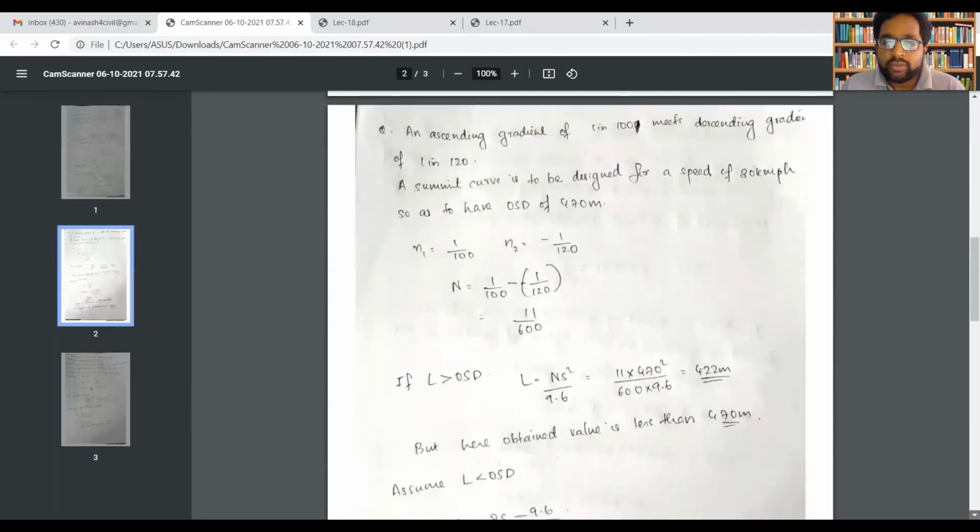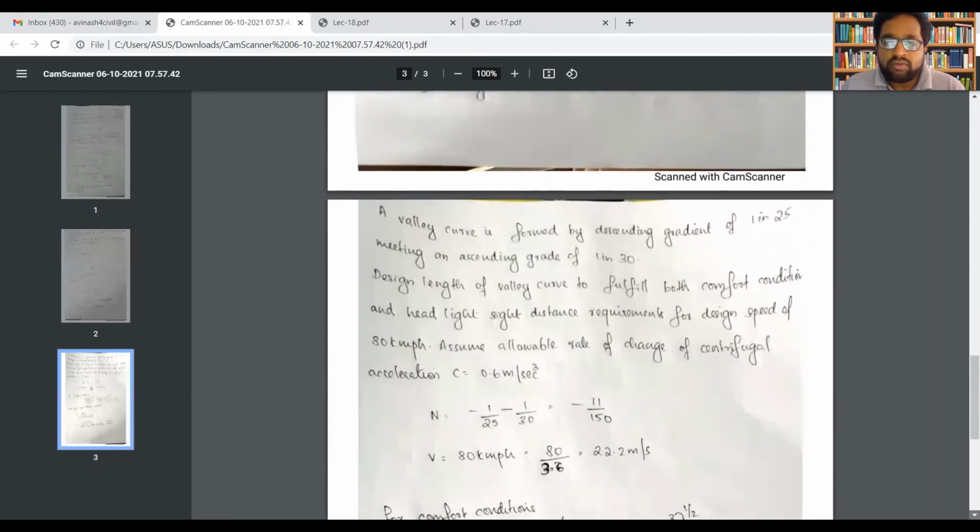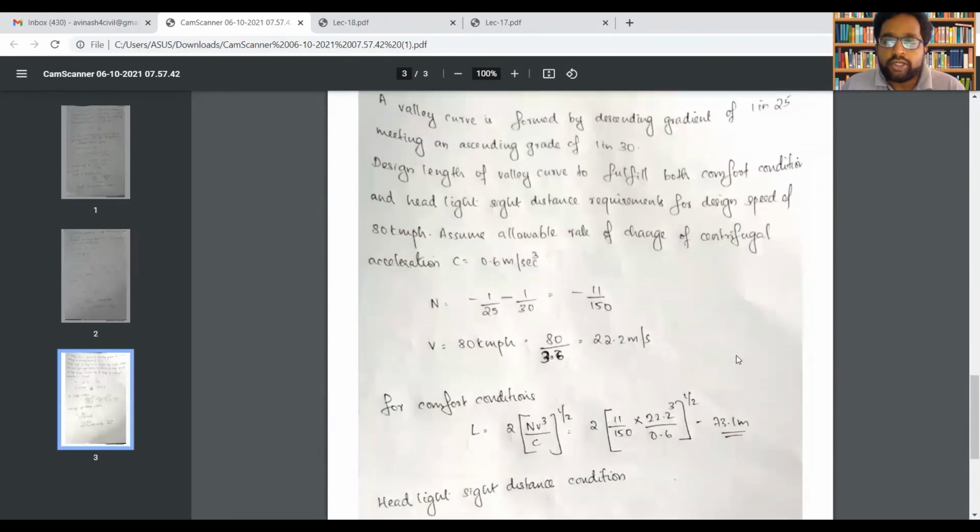While substituting, the value of V in meter per second is 22.2, into 2.5, assuming the reaction time as 2.5 seconds. Vt is 22.2 into 2.5, plus V square by 2gf, which is 22.2 whole square divided by 2 into 9.81 into f. Here you are assuming the value of f as 0.35 as in the previous case.